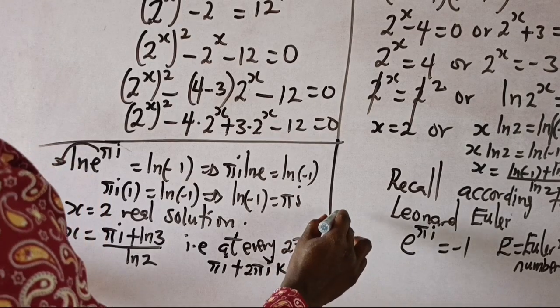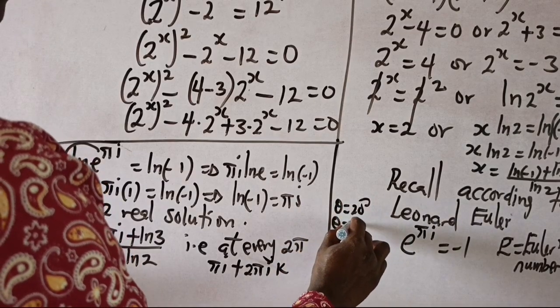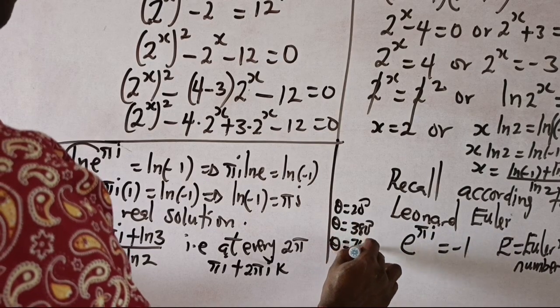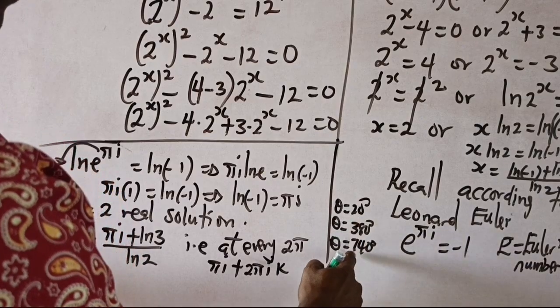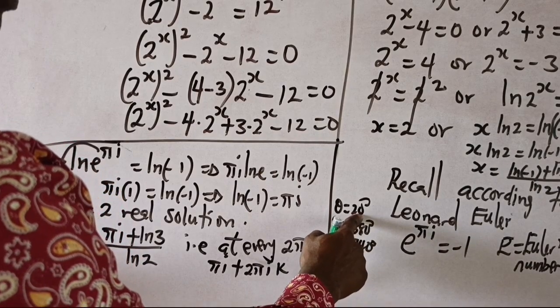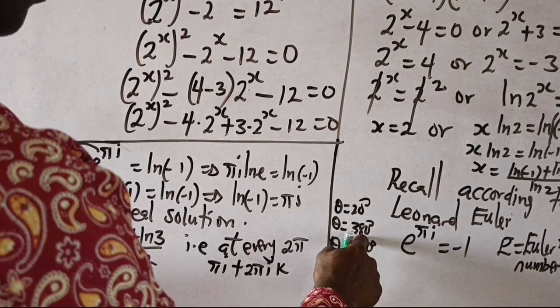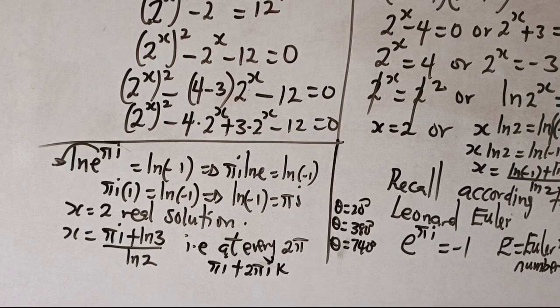So when theta is 20 degrees, theta can be 380 degrees, theta can be 740 degrees. This is when 360 is added to theta, and this is when 720 is added to theta, that is 2 times 360 degrees added to theta.